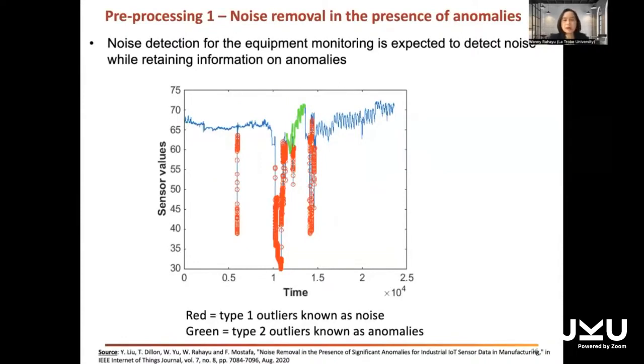So the next pre-processing step that we use here is noise detection. We are looking at the differentiation between a significant anomaly and noise that is caused by, for example, an internet problem or a device fault.